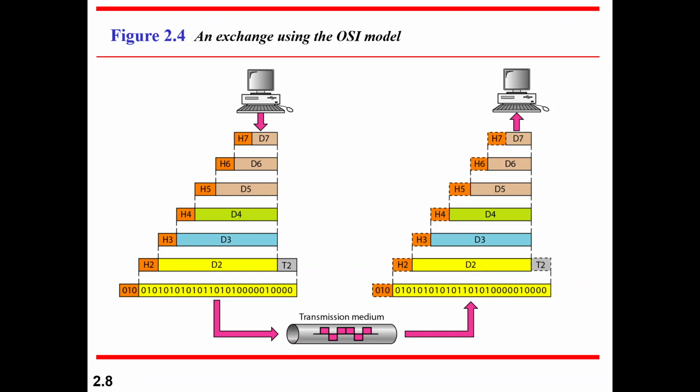In other words, the data portion of a packet at level n-1 carries the whole packet, data and header and maybe trailer, from level n. The concept is called encapsulation. Level n-1 is not aware of which part of the encapsulated packet is data and which part is the header or trailer. For level n-1, the whole packet coming from level n is treated as one integral unit.